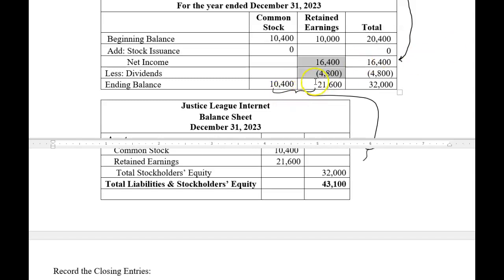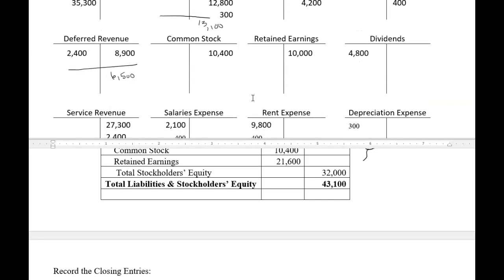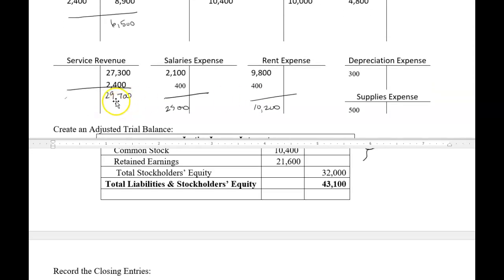So those red accounts, revenues, expenses, and dividends, those balances at the end of the year after we produce financial statements and reported those to the street, after all that's done, we need to relocate those balances into retained earnings. That way, all of our revenues for the current year are just the current year's revenues. So if you go up here and look at our balances, notice our revenue account, for example, has a balance of $29,700.